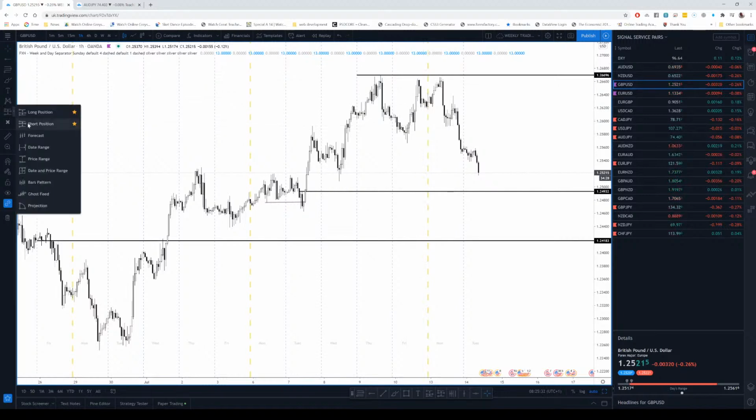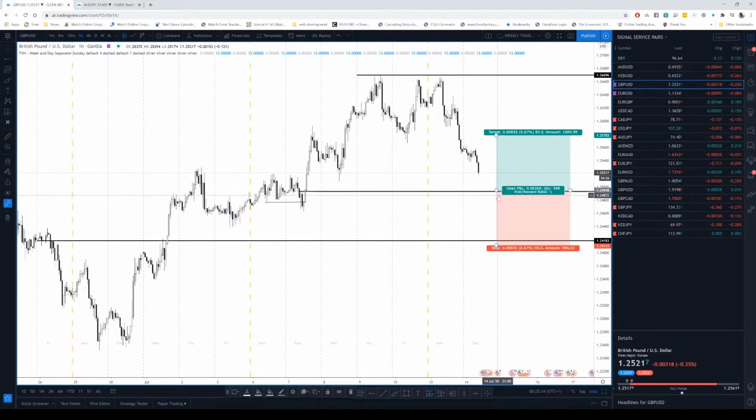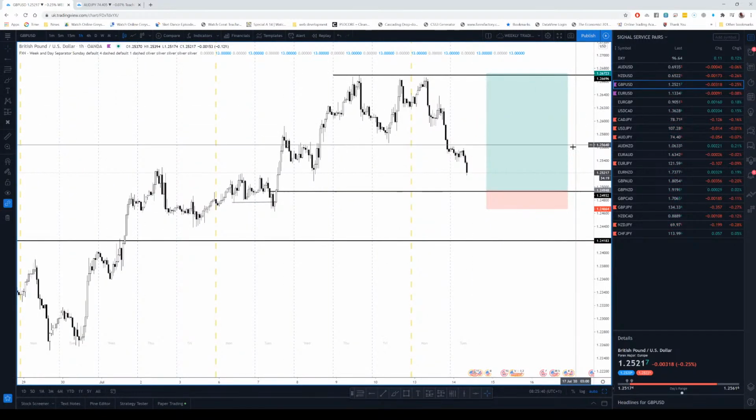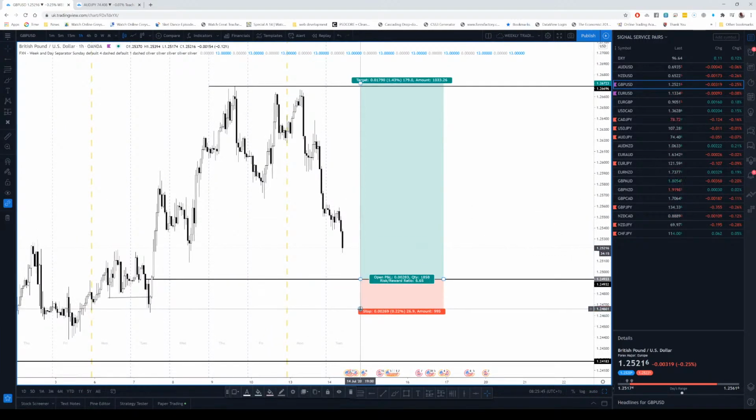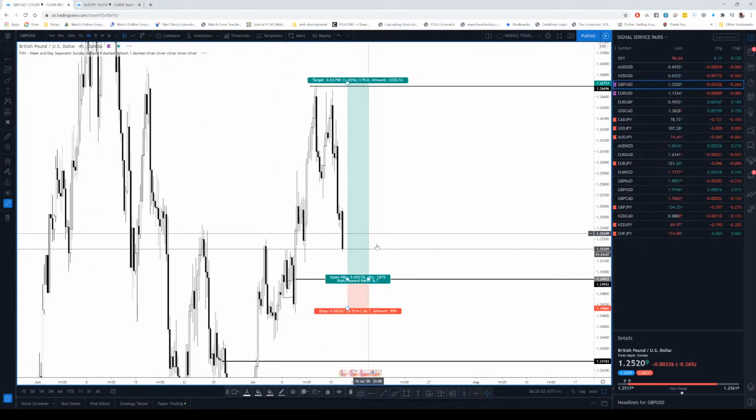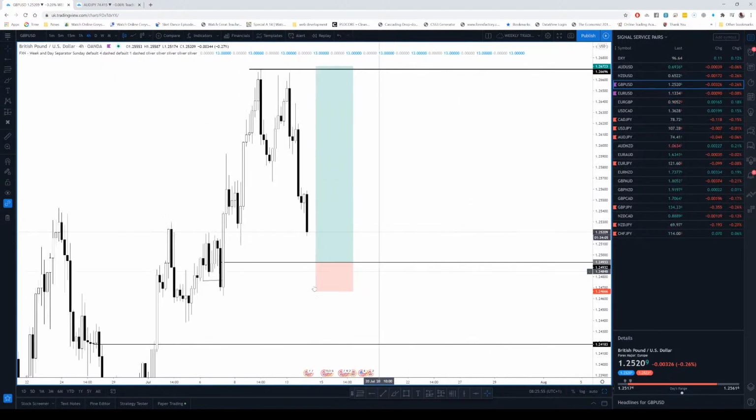So this would be the sort of trade idea. Right, I'm not buying it as it's dropping straight away. No, I'll be waiting for a rejection. Okay, so once I get the rejection and price decides to give me a move to the upside, then I'll be interested in buying.